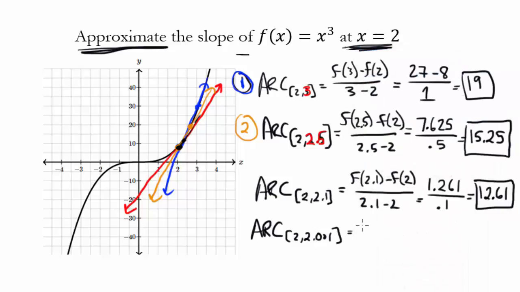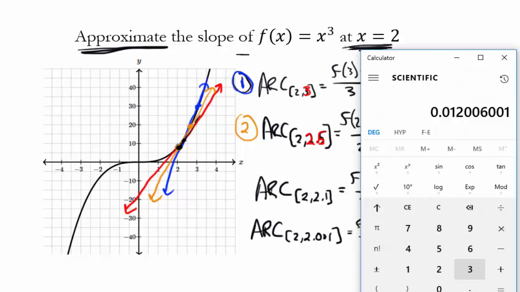And I'm dividing that by, so again, this is just calculating f of 2.001 minus f of 2 over 2.001 minus 2. What is 2.001 minus 2? It's 0.001. So let's divide it by 0.001 and see what answer we get.